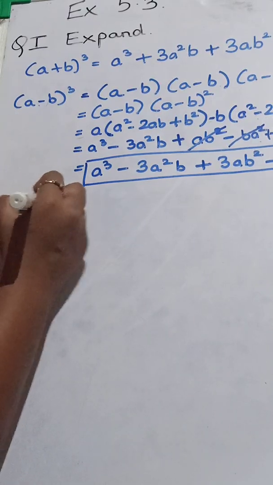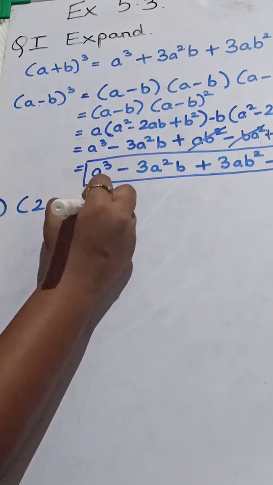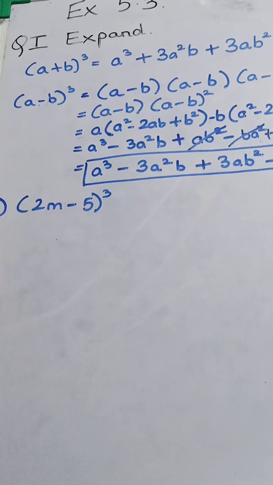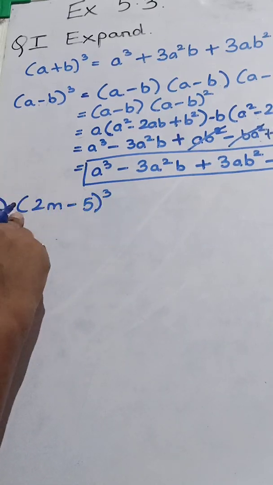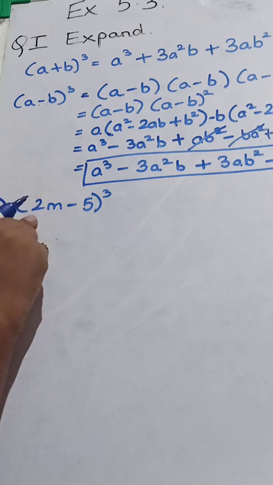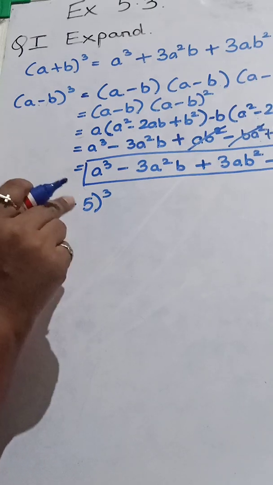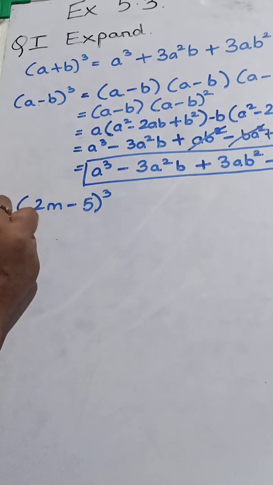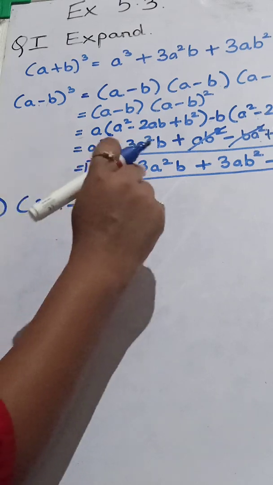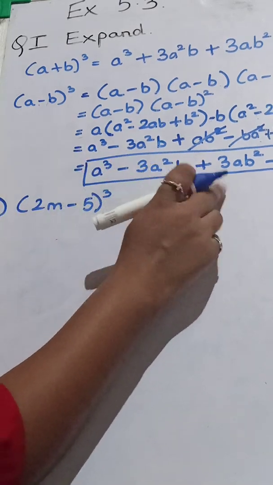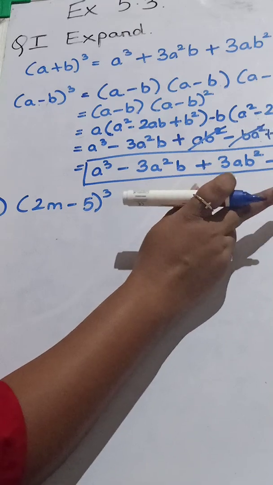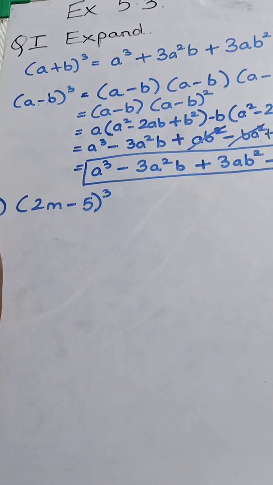Our first sum is (2m minus 5) the whole cube. So here our 2m is a, 5 is b. So the formula that we are going to use is a cube minus 3a square b plus 3ab square minus b cube. So according to the formula we will start.